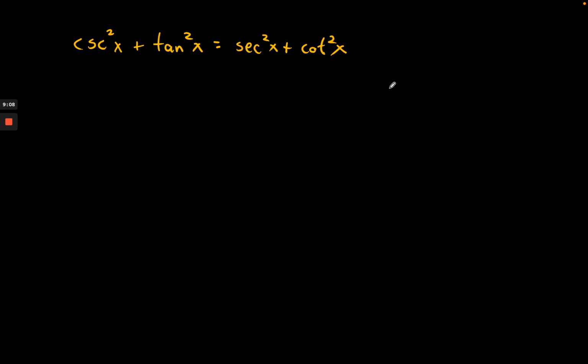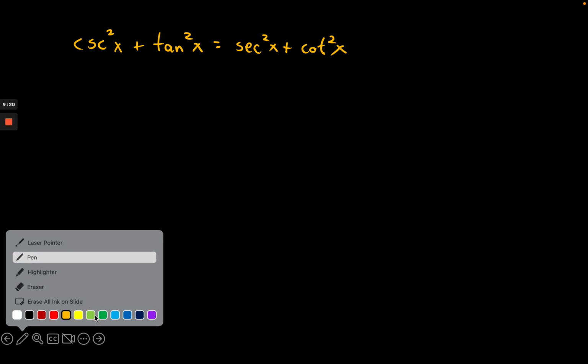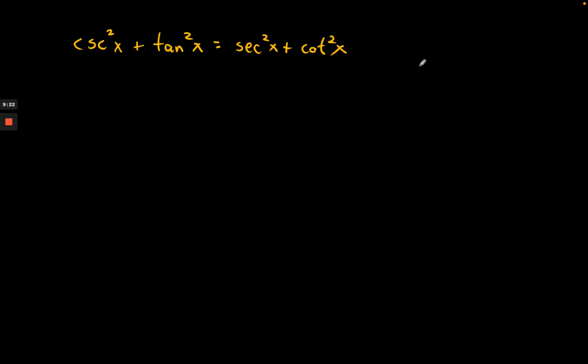So there's a couple different ways we can approach this. One way is to change everything to sines and cosines. But before I do that, I want to explore the Pythagorean identities. So let me just refresh your memory. Sine squared x plus cosine squared x equals 1. So from there we got a couple other identities.